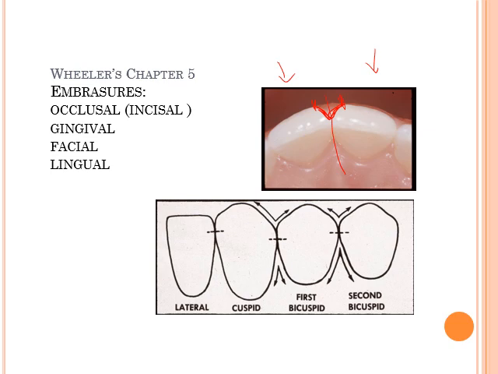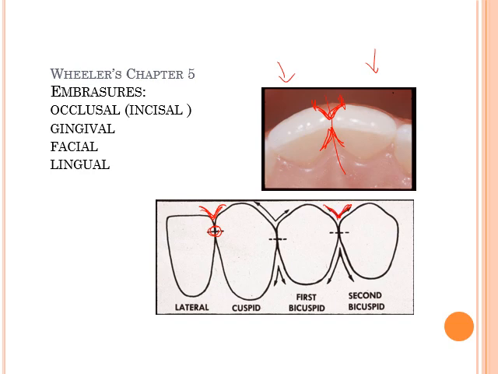This is the embrasure. An embrasure is a V-shaped space emanating from a contact interproximally between teeth, and there are going to be 4 total between the contact point. So we have a facial embrasure, we have a lingual embrasure, and then if we go to another view of the tooth, this is the contact area, we have an incisal embrasure, or it can be known as an occlusal embrasure for posterior teeth.